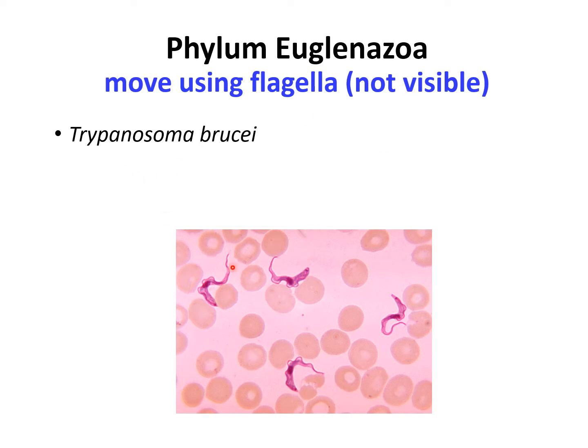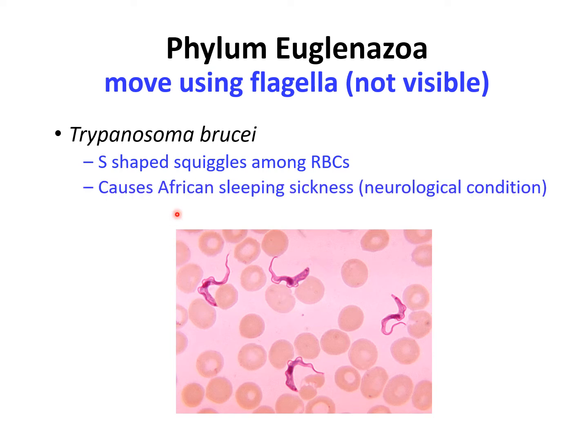An example, by the way, this is a blood sample, so what you're seeing right here are the red blood cells. These would inhabit the bloodstream, and those are called Trypanosoma brucei, and they kind of look like an S, squiggly shaped really, and as I said, you would find them in the bloodstream, and those cause a neurological condition called African sleeping sickness.